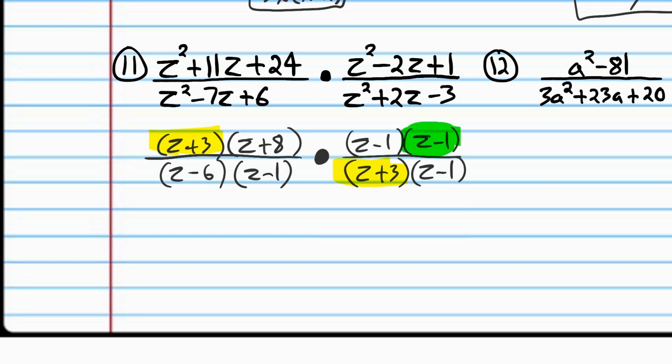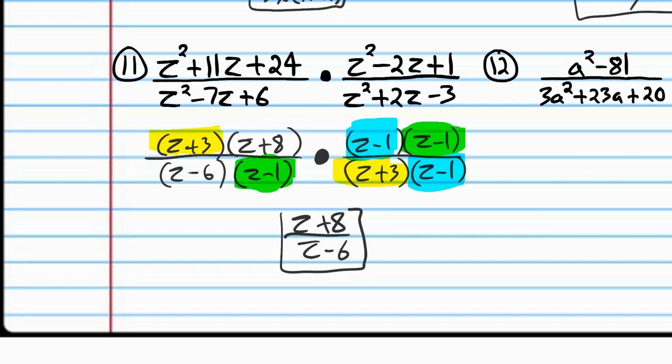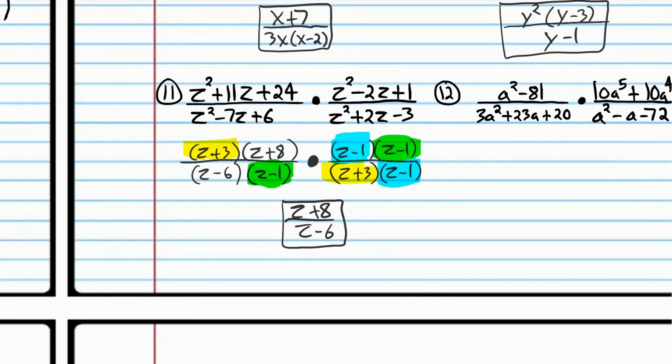Now there's two z minus 1s on the top, and actually there's 2 on the bottom. I was going to say you can only cancel 1 out, but then I saw that there's 2 on the top and the bottom. So then we're just left with z plus 8 over z minus 6. So if you got z plus 8 over z minus 6, good job. Again, this all just becomes 1. So you're just left with z plus 8 over z minus 6.